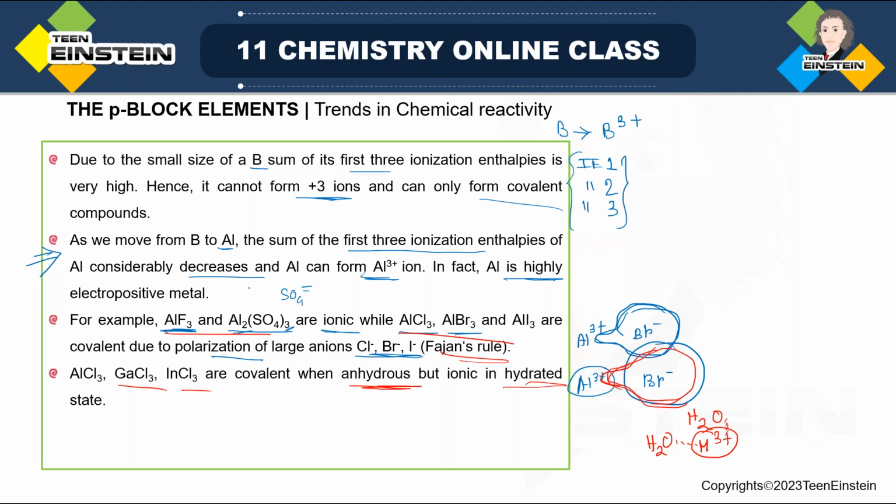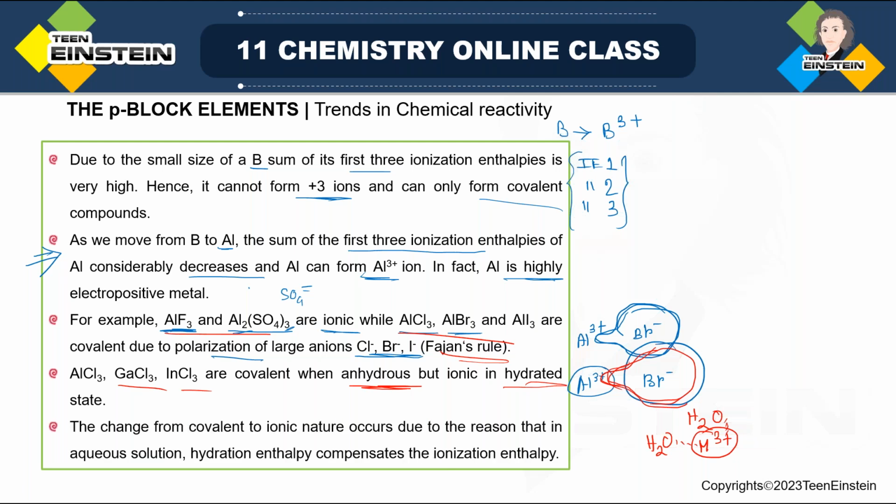And this type of stabilization is only possible when you are taking it in water medium. Then only water molecules are surrounding this M3+, making it stable, and that is actually the hydrated condition or hydrated state. So when they are not anhydrous, when you have taken it in water medium, it is no longer covalent, it is ionic in nature.